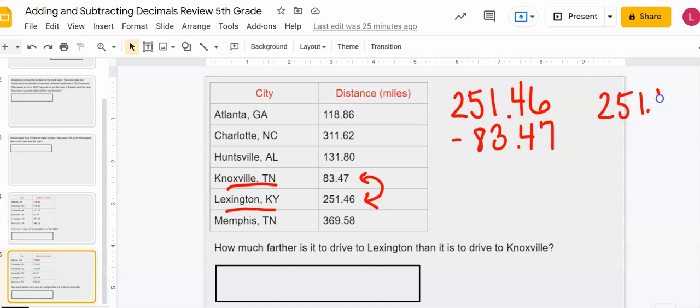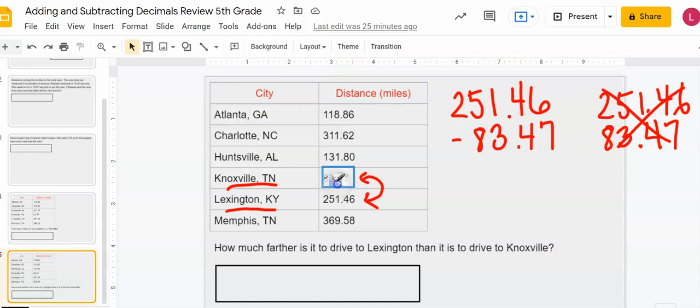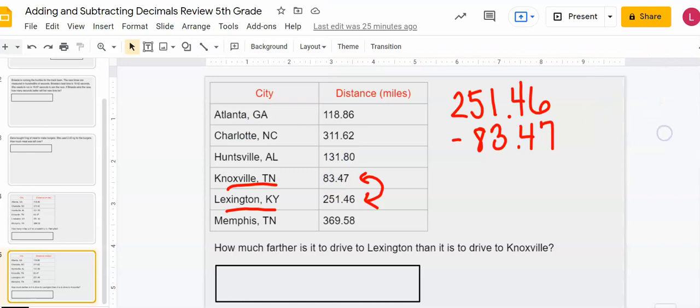Well, the reason that I'm lining them up is that way I can subtract my ones from my ones, my tens, my tenths from my tenths, hundredths from hundredths. So this would not be correct. Okay, so we have to really think about what we're doing there.